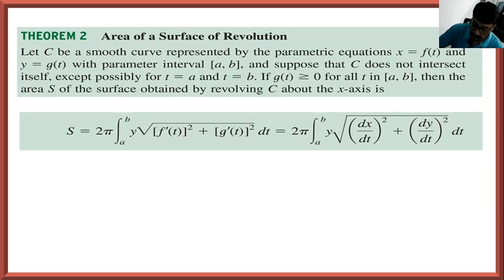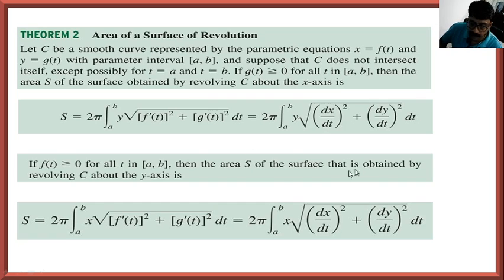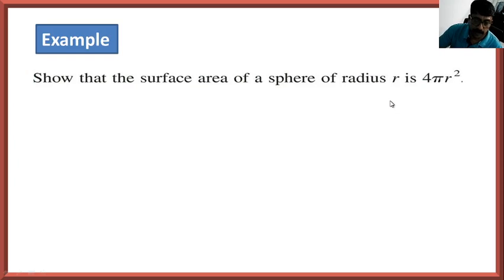So this is the formula we have. If C is a smooth curve, when it is rotated about the x-axis, we get a surface area like this. Similarly, if it is rotated about the y-axis, we get the formula 2 pi integral x ds, and here 2 pi y ds.